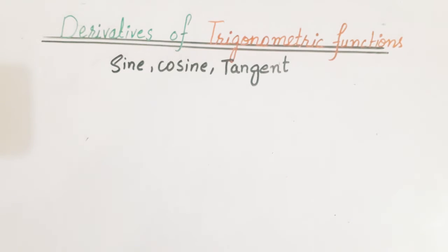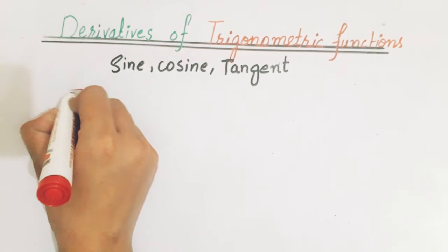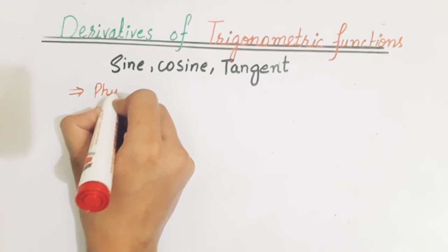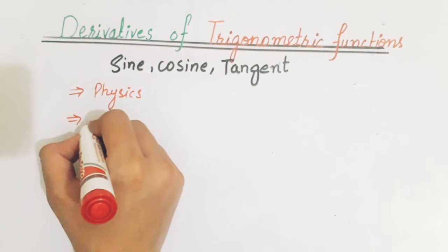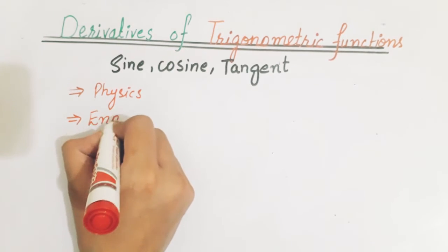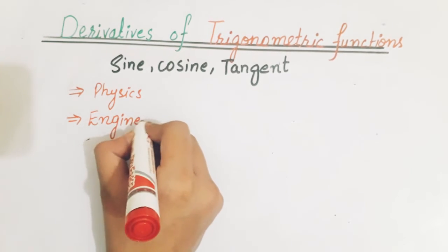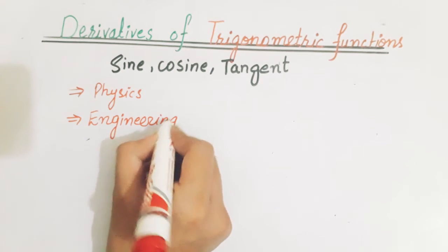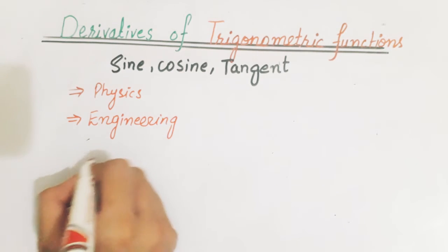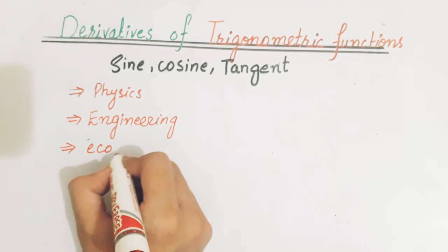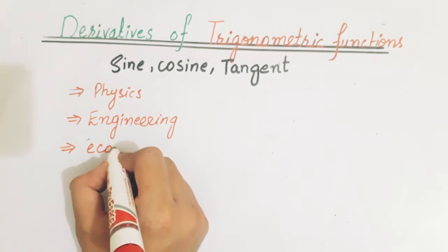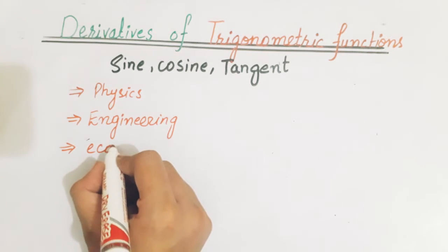We need trigonometric function derivatives in real life, mostly in numerical questions in physics, engineering, and even in economics and machine learning. In these, we need derivatives, and especially trigonometric function derivatives.